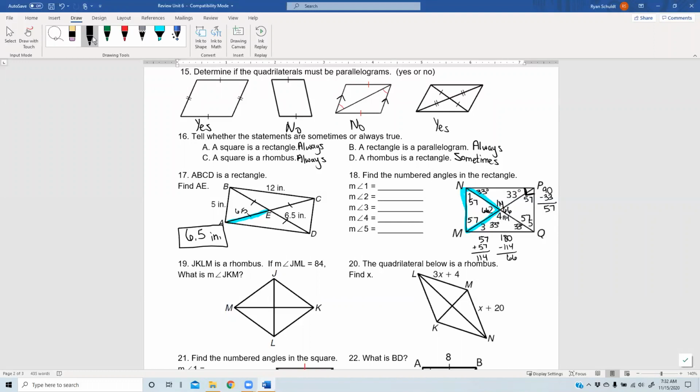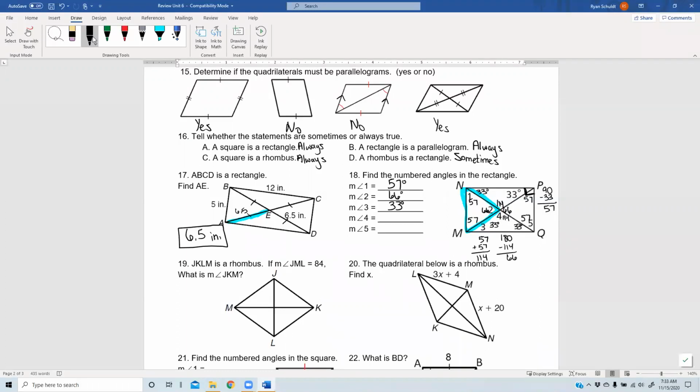Okie dokie. Let's see if we've got enough to fill the blanks in, because I think we found all we can find. Measure of angle 1. We said that was 57 degrees. Angle 2, 66 degrees. Angle 3, 33.